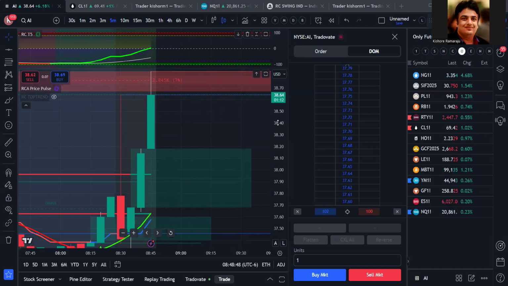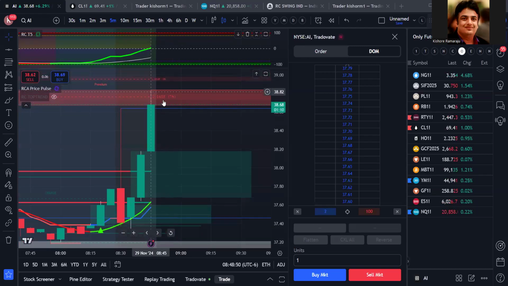You can close the remaining. Now we are close to the premium zone, so you can take profits on the rest.